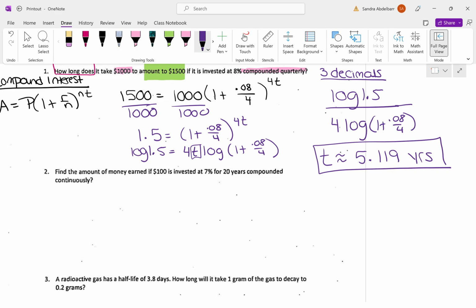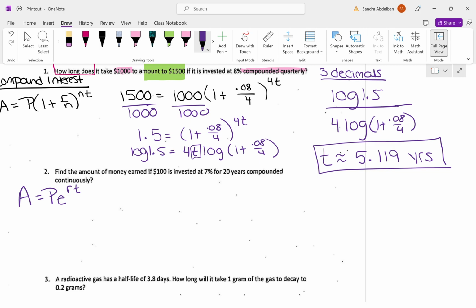So now if we're compounded continuously, our formula is A equals PE raised to the RT power. So it says find the amount of money earned if 100 is invested at 7% for 20 years compounded continuously.